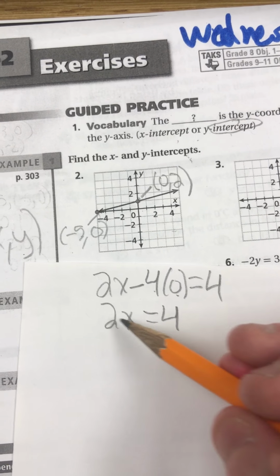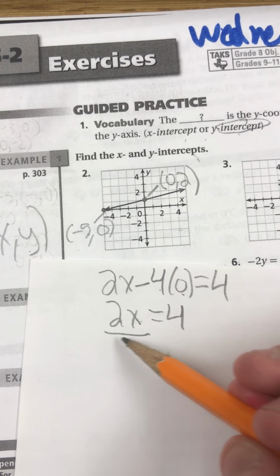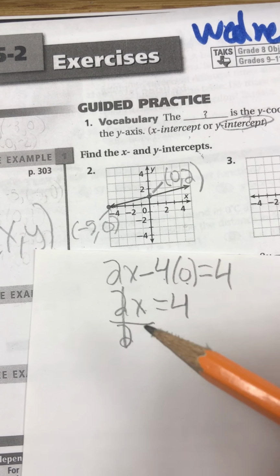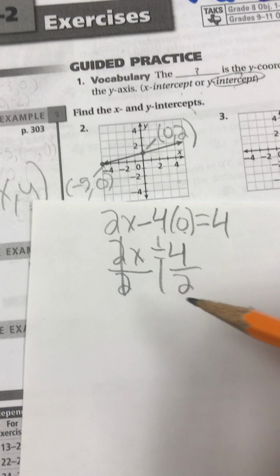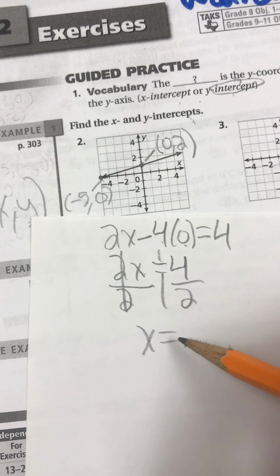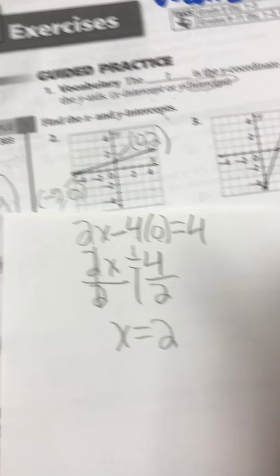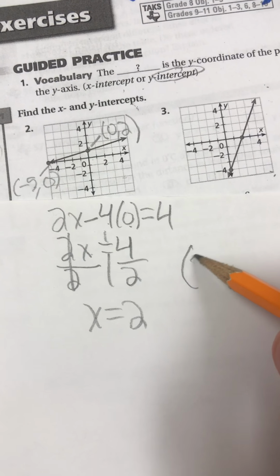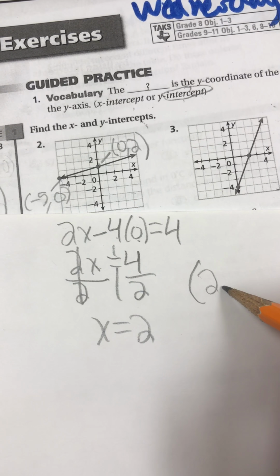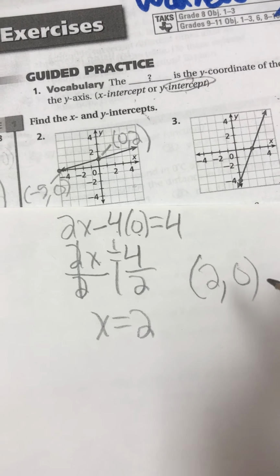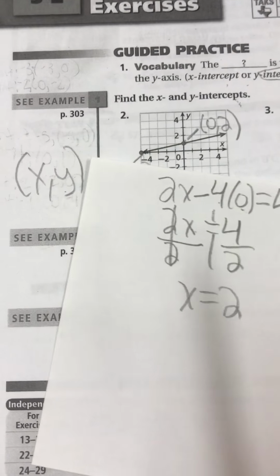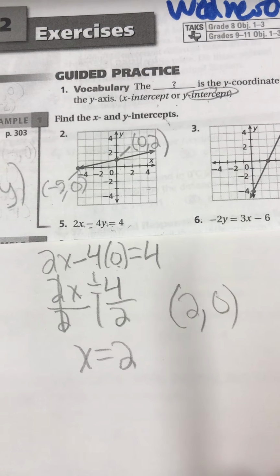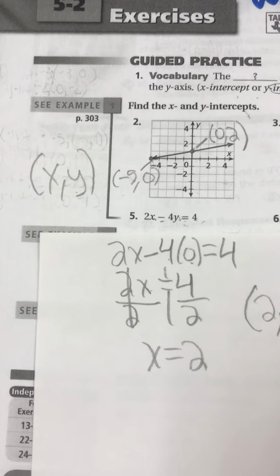Once again, this is multiplication, the inverse operation is division, and what we do to one side, we have to balance out on the other. So x equals 2. Sorry, our x-intercept would be 2, 0. We plugged in our y as 0 and got our x-intercept. So that is a way to solve with an equation. It's nice and easy.